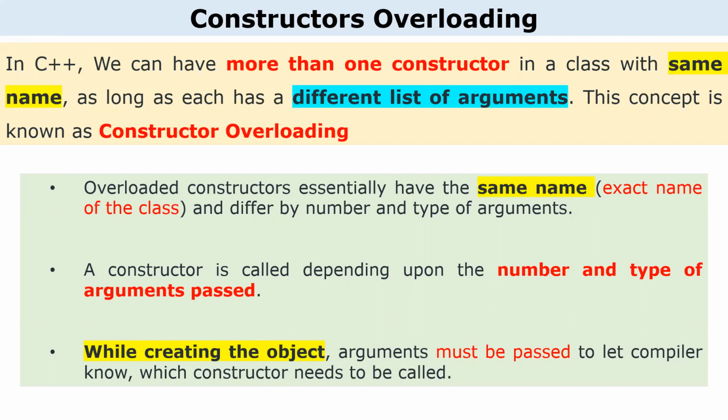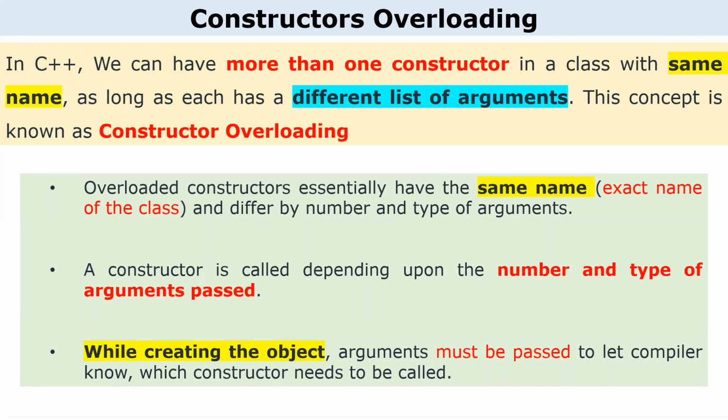If you give more than one constructor with the same name, you define them through the parameters; the number of parameters may be different. So we can have more than one constructor with the same name and a different list of arguments. This concept is called constructor overloading.